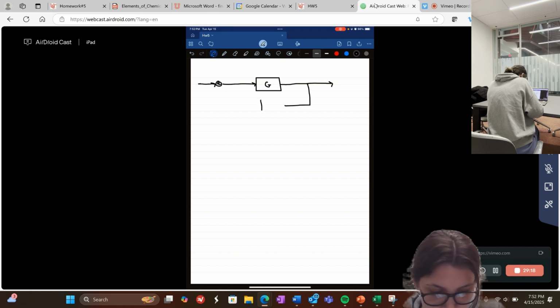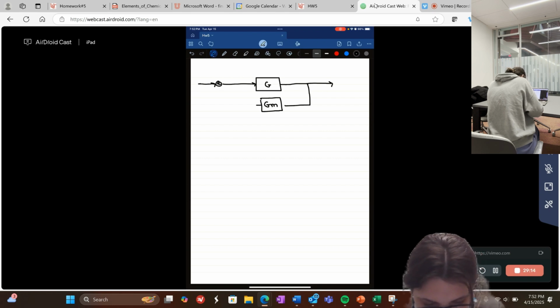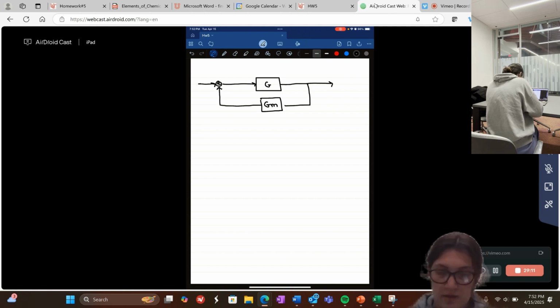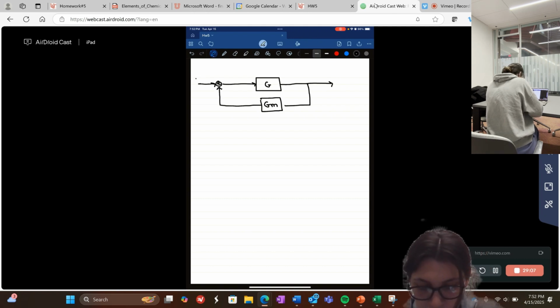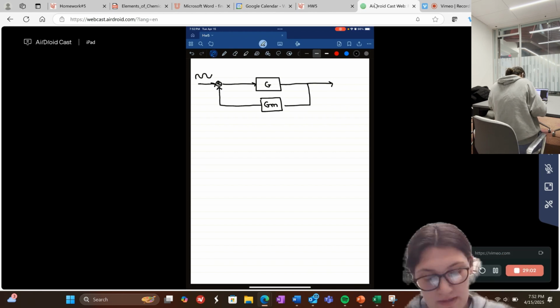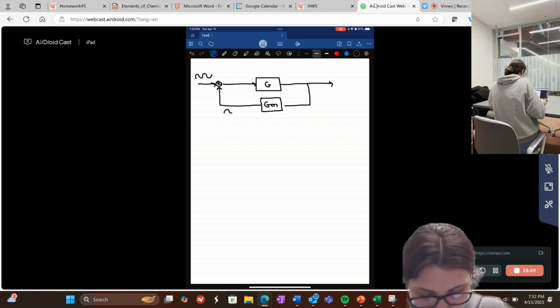This output signal is measured, and the measurement is sent back to the top. Now our set point is some sinusoidal signal, and it's the same for what's being returned.